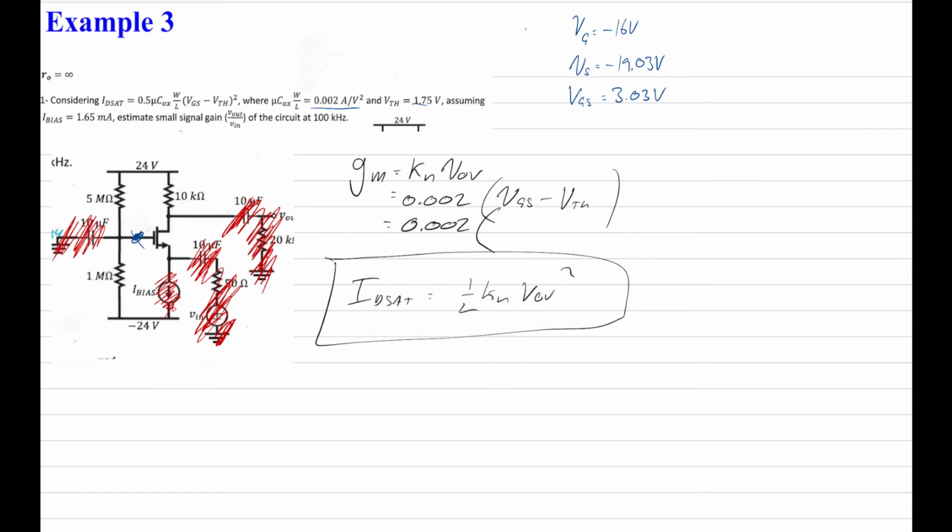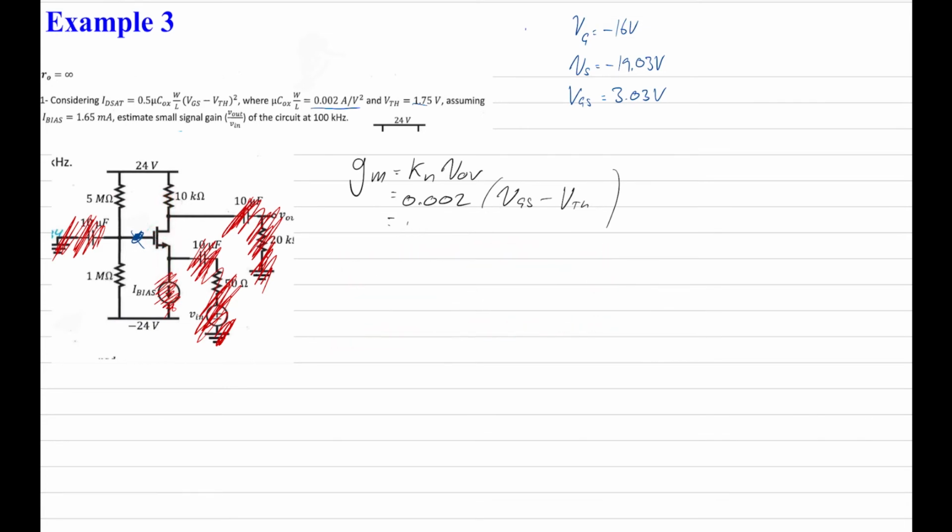So we basically had every single parameter for this, apart from Vs. Again, we worked out Vg from DC biasing over here. We worked out Vs by solving this equation over here. And that equals 0.002 times the gate source voltage, 3.03, minus the threshold voltage, which we're told is 1.75.